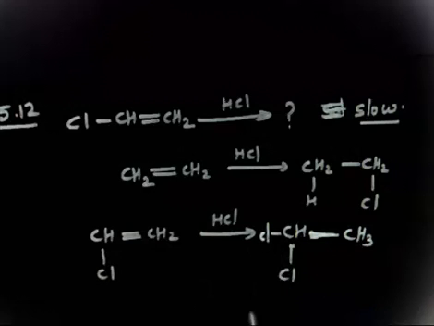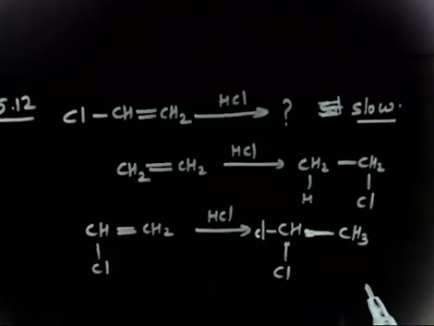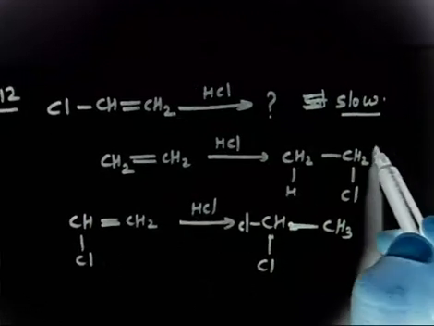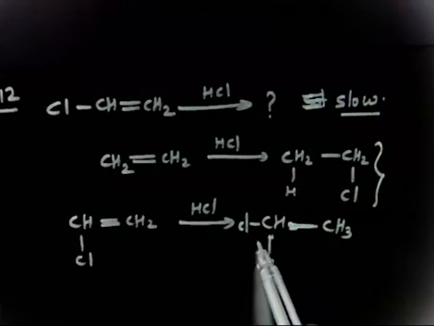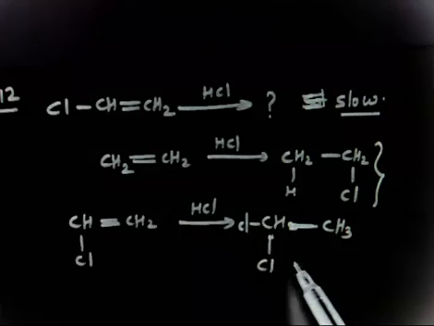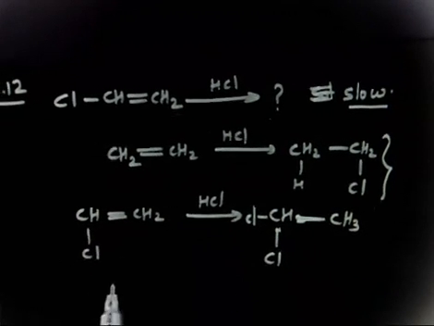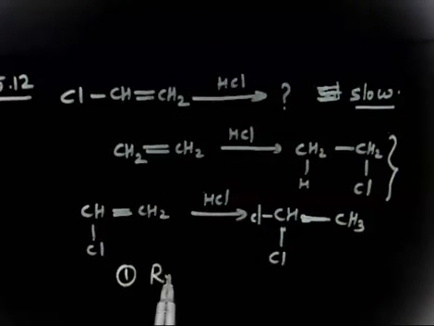So the second problem is a problem of orientation. In this case both chlorines are going onto the same carbon. The initial chlorine was here, and the next chlorine is also coming to this position. So the first point is a point of reactivity.